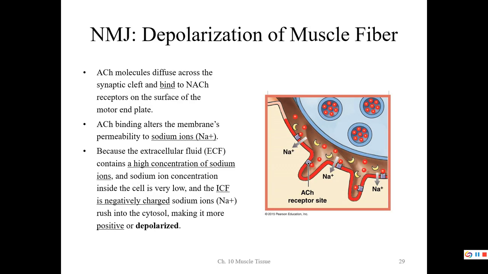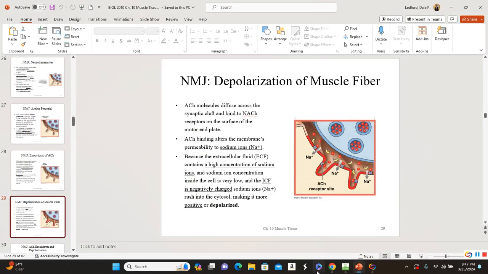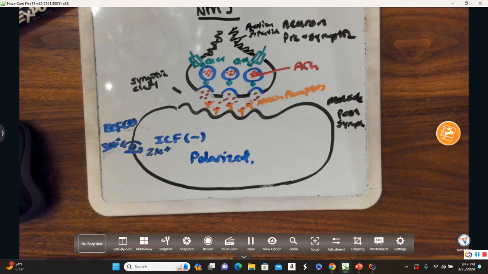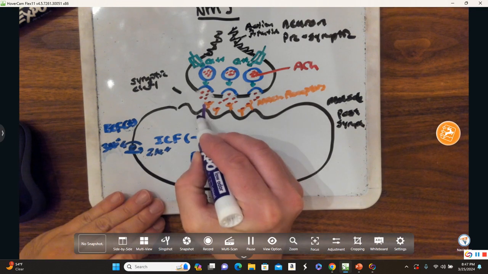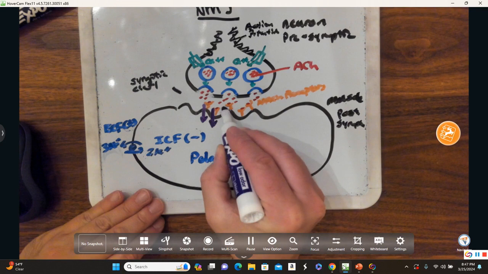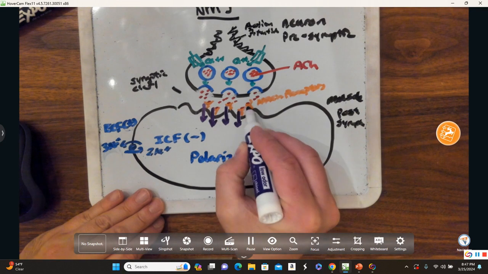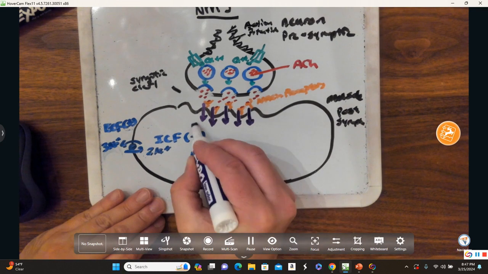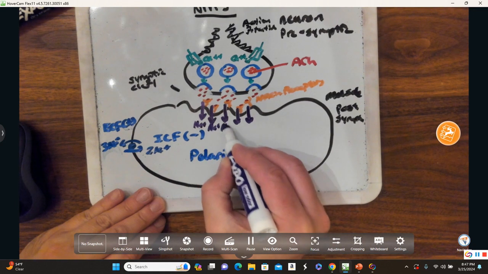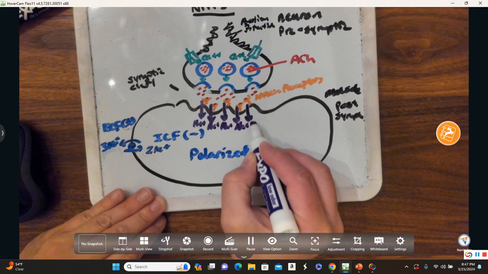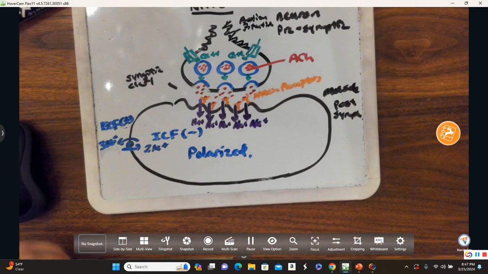Now, what's going to happen when the acetylcholine binds to the receptors? This allows sodium to come in. Why will sodium enter the cell?